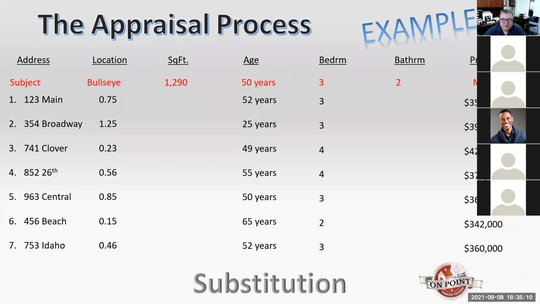What's our property worth? 365. We're starting to pinpoint it now, right? But do you see the transition that was made when we backed out the age and the bedroom count? Our values were higher.